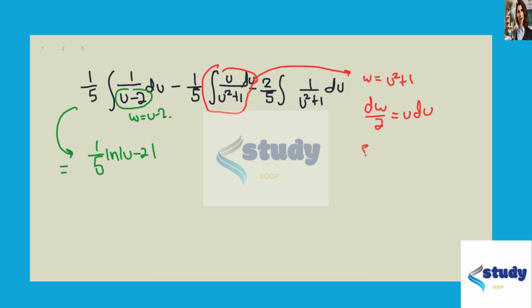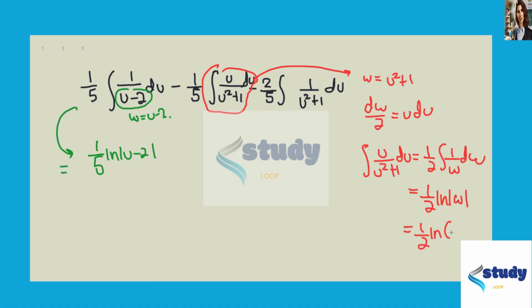So we have one over w dw, natural log w, and then back substitute. And if you want, you could drop the absolute value here because u squared plus 1 is positive. So then also multiply by this negative 1 over 5. So we get negative 1 over 10, natural log, u squared plus 1.